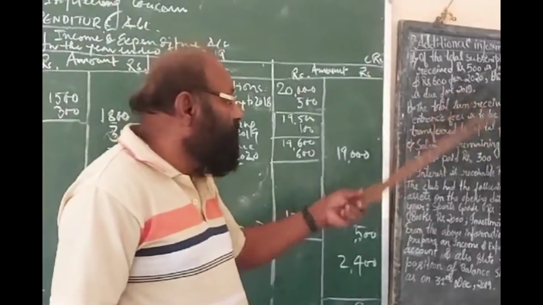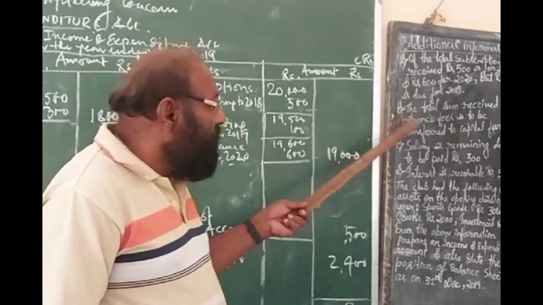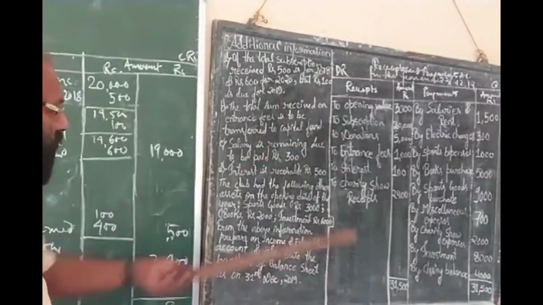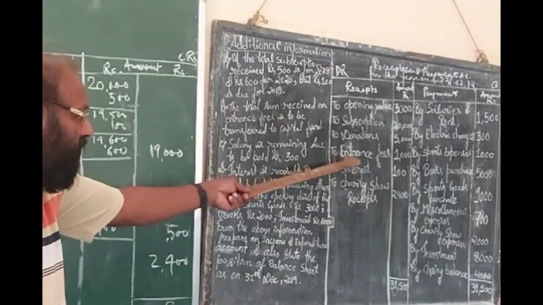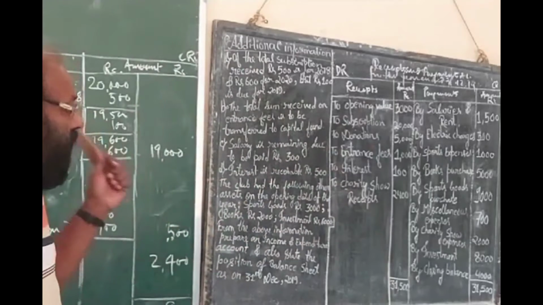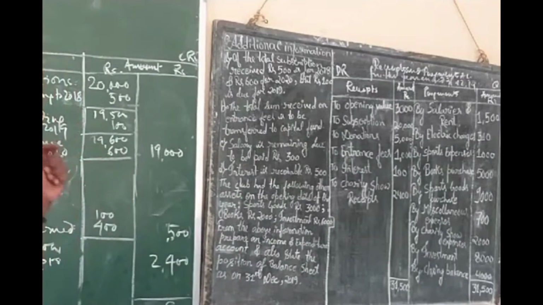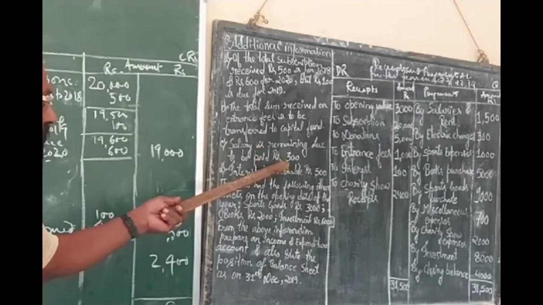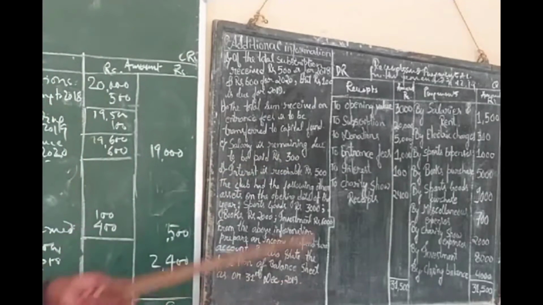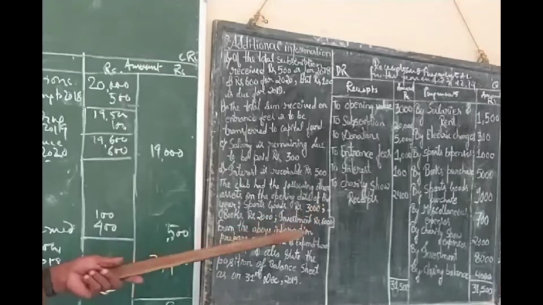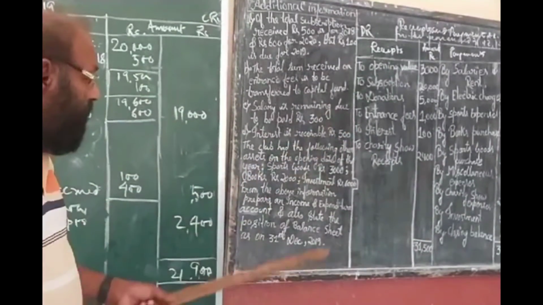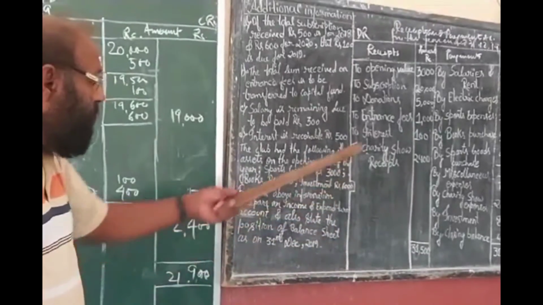So whenever we take up the treatment of subscription, we will consider it. Now, the total sum received in the interest is to be transferred to capital account. Very good. It is given over here, and we will consider it when completing the income side. Salary remaining due to be paid is rupees 300. So 300 should be considered for treating salary, and interest receivable is 500. So when the question of interest is there, we will consider this.